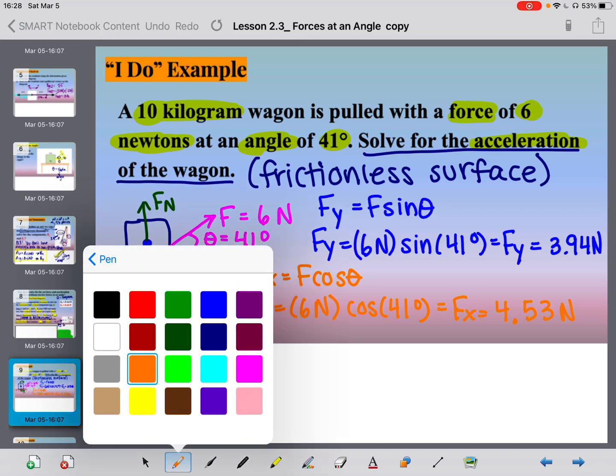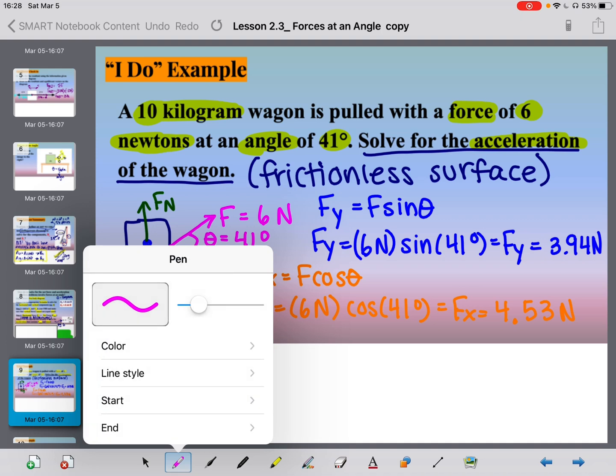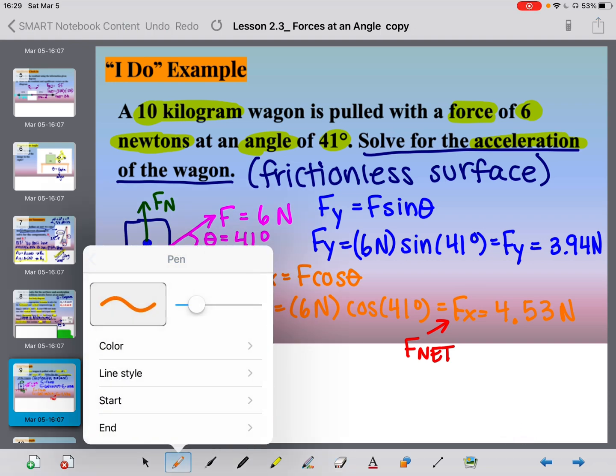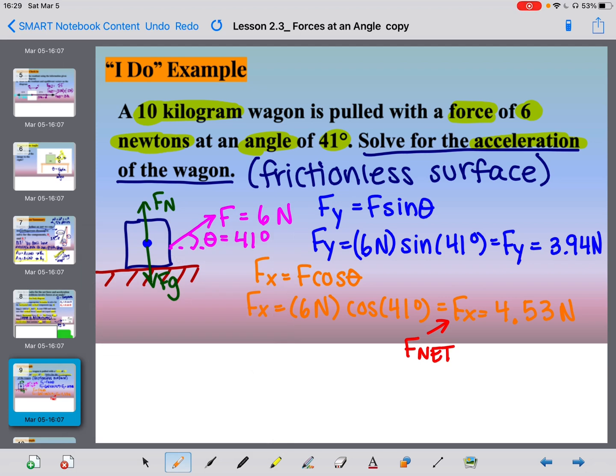So a really, really important idea here is that, and I'll write this in red, this is my net force, okay? F net is equal to Fx, all right? So let's label in our Fx and Fy on our free body diagram. So all that looks like is the following. So this is Fx.